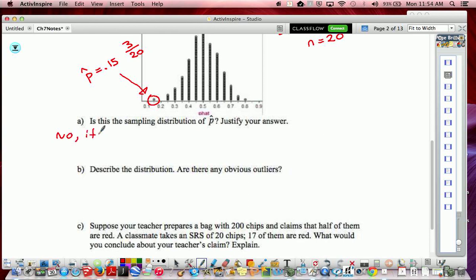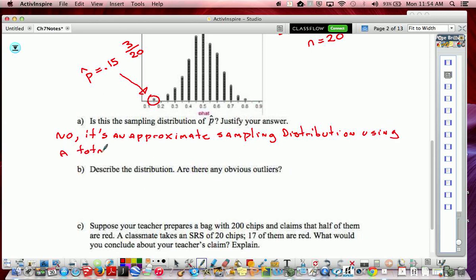No, it's an approximate sampling distribution using a total of 500 samples.